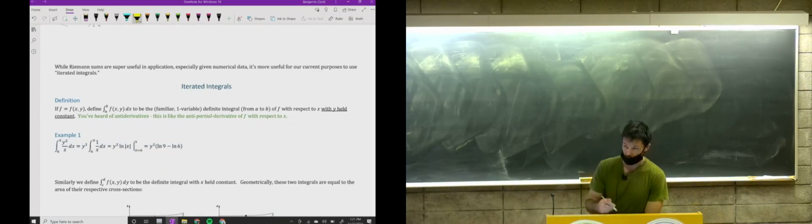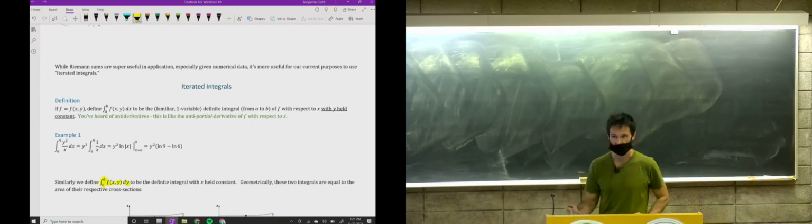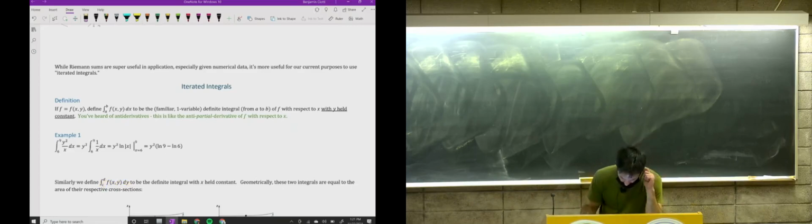Now, similarly, we could define the integral, say, from c to d of f of x y dy. If I put a dy there, that indicates that you hold x fixed and integrate with respect to y. For example, if I did the integral from 6 to 9 of y squared over x dy, that would mean we hold x fixed.